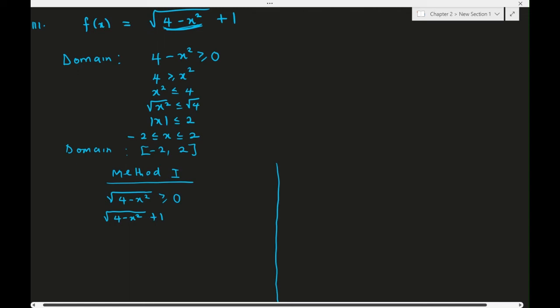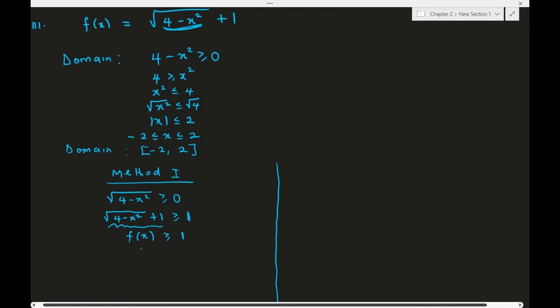So we can add 1 to both sides. Is that okay? Now, what will this be? This is nothing but your function, f of x, which is greater than or equal to 1.